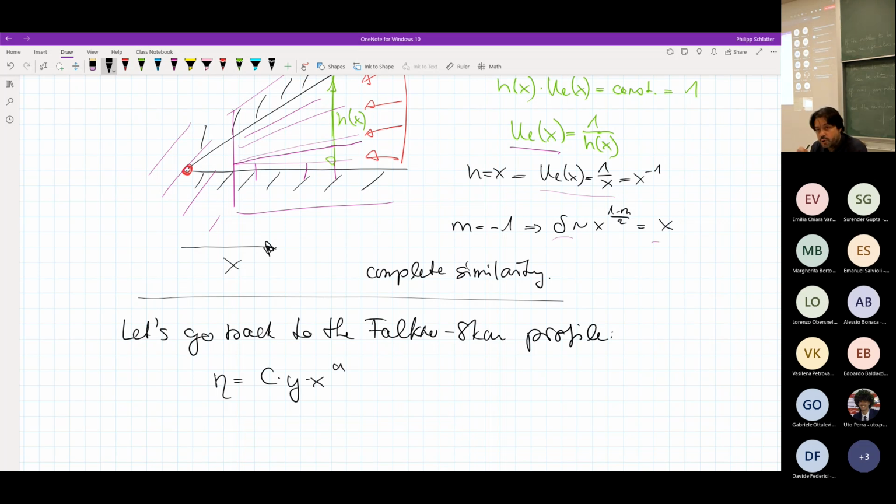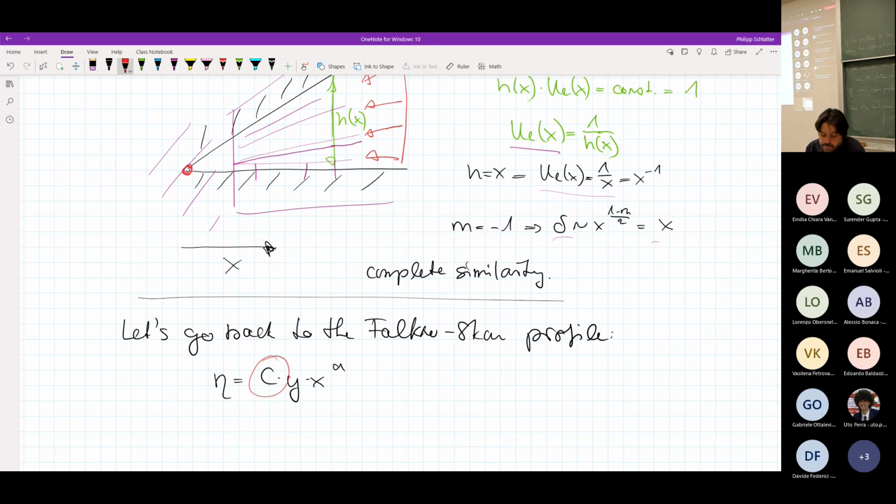That was the whole approach of Falkner-Skan, to say that the variation of x can be encoded in a free exponent, rather than just a being minus 1/2. What we need to understand here is this coefficient c, which we have not talked about. We just said it's a constant times y times x to the a.